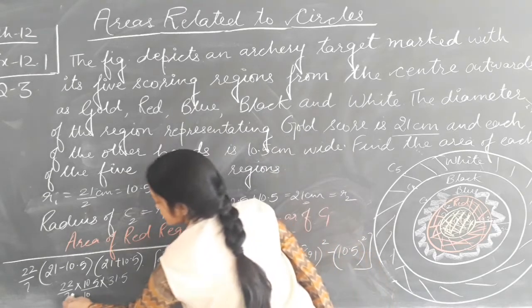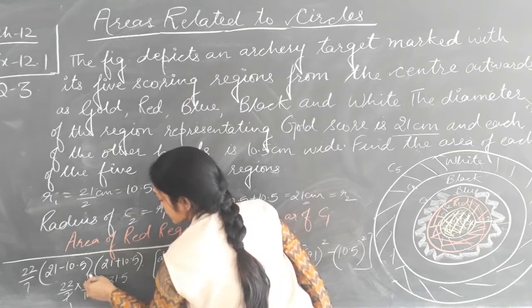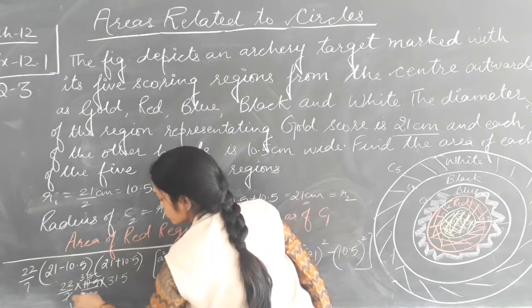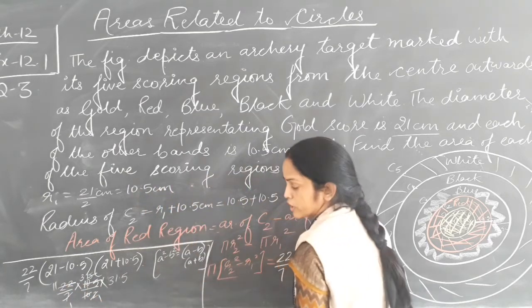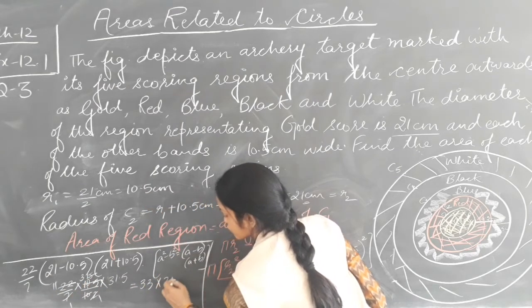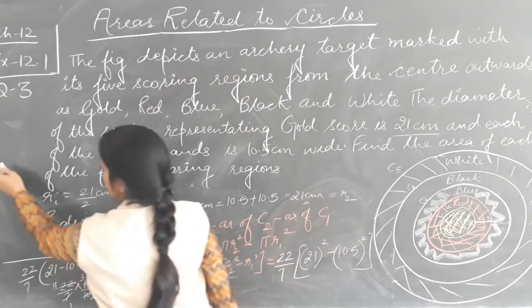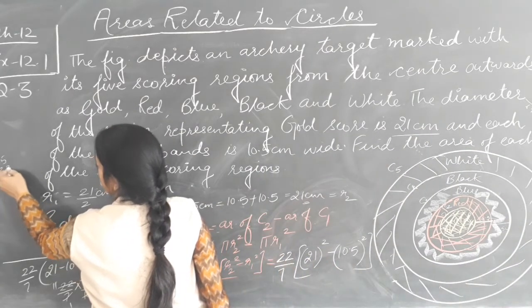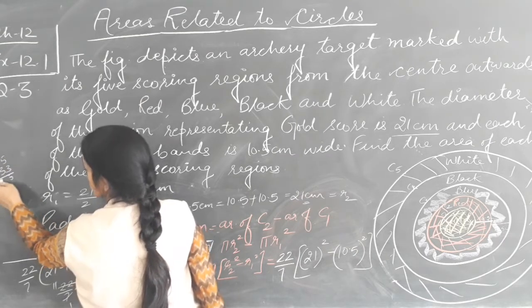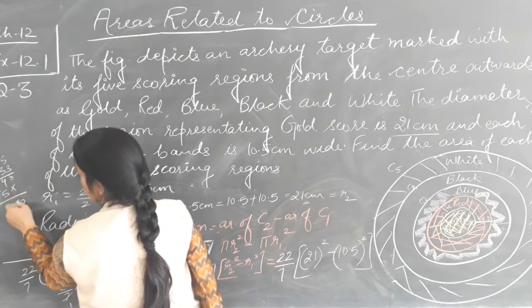Now solve it. 7 ones are 7, 7 ones are 7, 7 5s are 35, 5 3s are 15, 5 2s are 10, 2 1s are 2, 2 11s are 22. So we get 11 into 3, 33, multiplied by 31.5. Multiply 33 by 31.5, what will we get? 3 5s are 15, 3 1s are 3 plus 1 is 4, 3 3s are 9, then 5, 4, 9, add them.